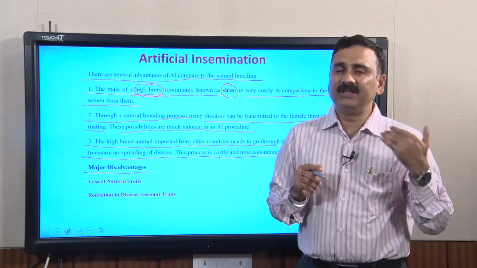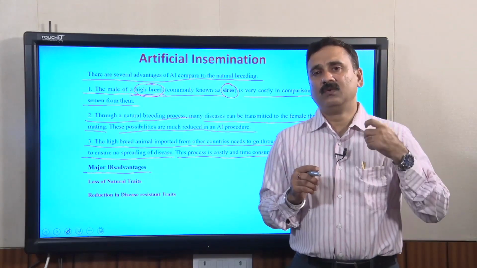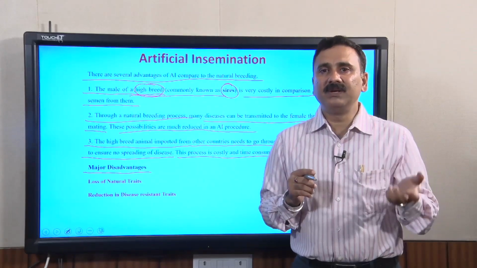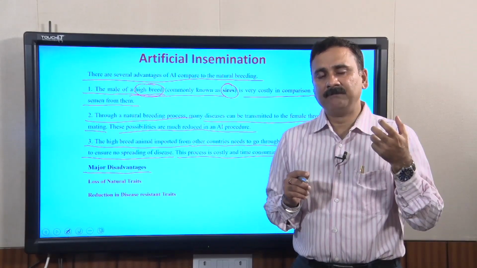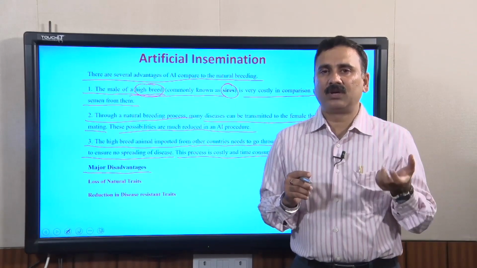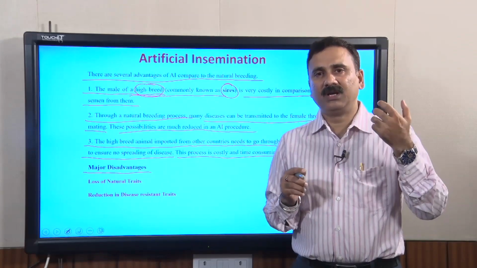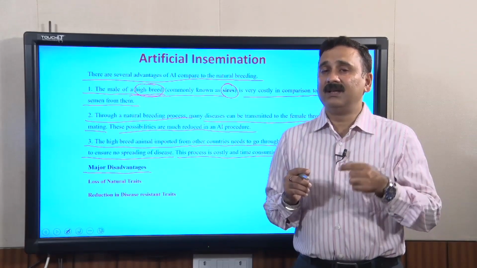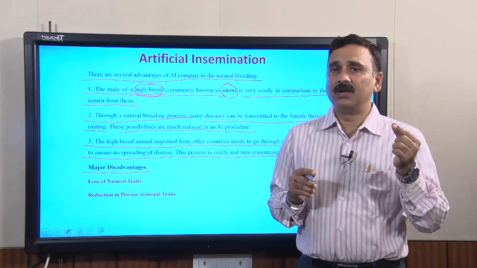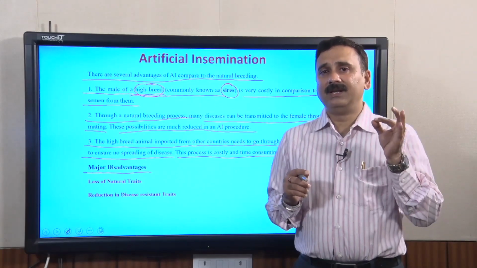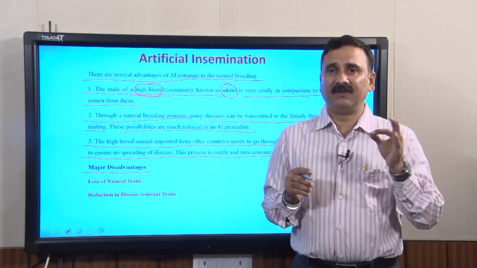So, even if you go with artificial insemination, you will keep getting hybrids which are going to give you good milk production, and they might be economically very attractive, but these animals may reduce the number of natural breeders present in the vicinity.